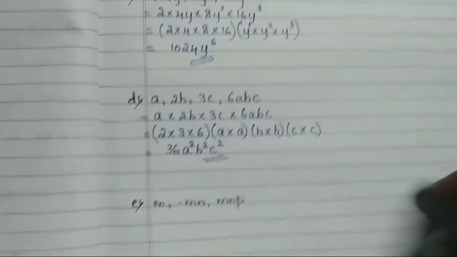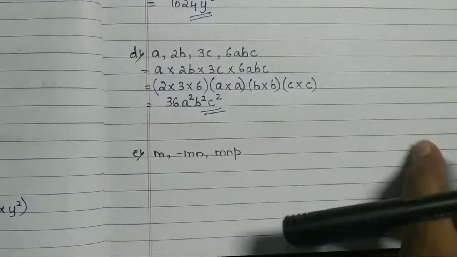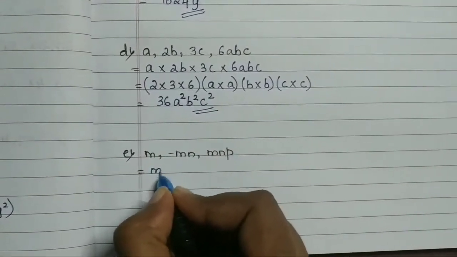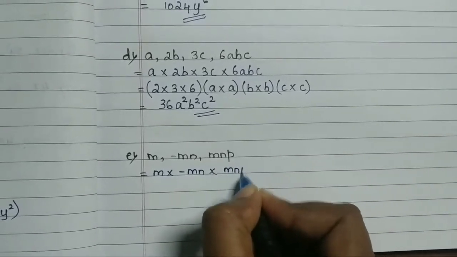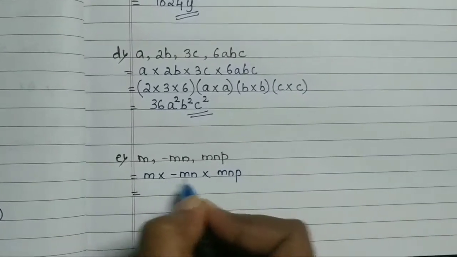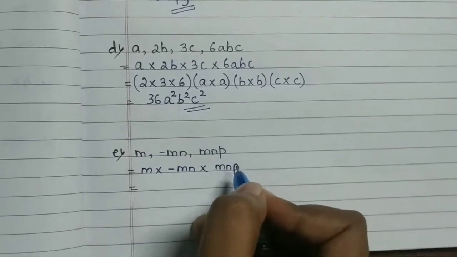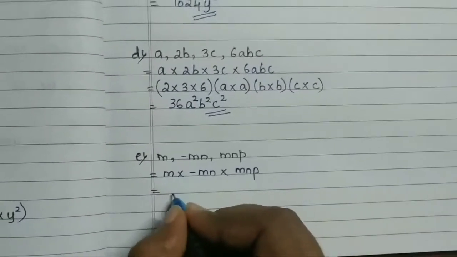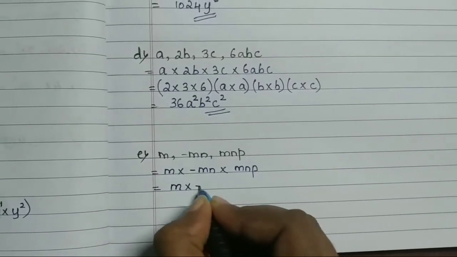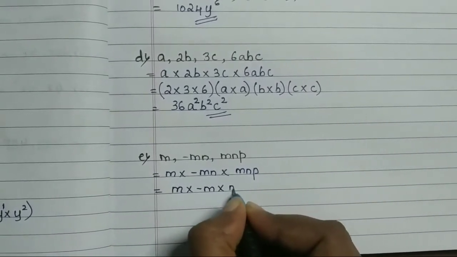Okay, and the last question of this exercise, that is m into minus mn into mnp. So you can see here, as there is no numerical term, what we will do is separate these alphabets. Okay, so here m into minus m into m.